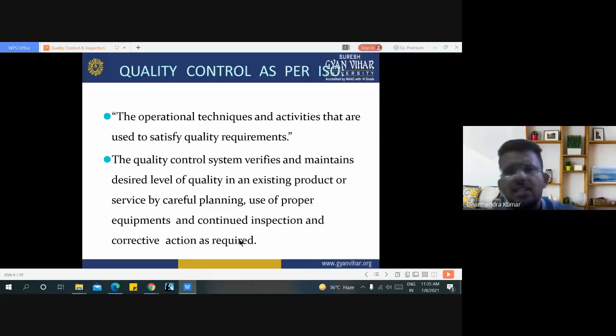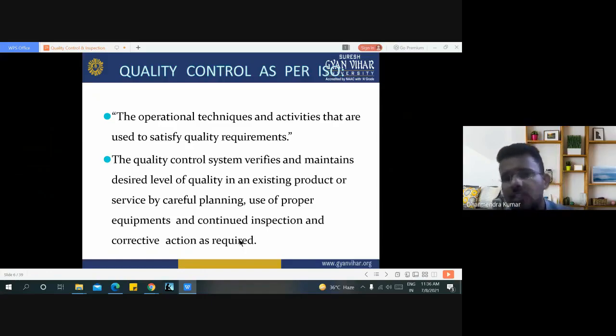It verifies and maintains the level of quality for existing products, those which are regularly in the production line, or services which we are providing to any customer. It ensures the usage of proper equipment, proper methods, and proper charts for continuous inspection.